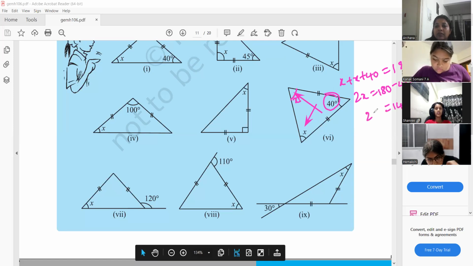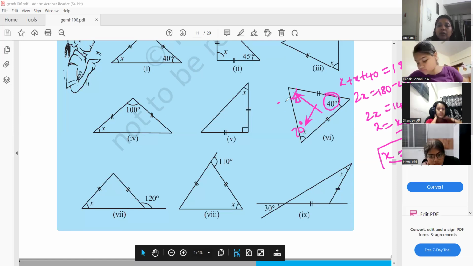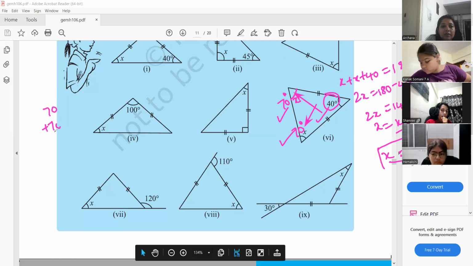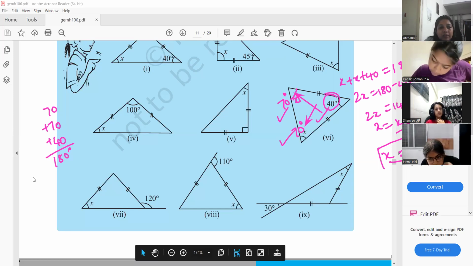So when you divide 140 by 2, we get 70. 70 degrees as the answer. So one of the angles will be 70 and the other will also be 70. Now to cross verify our answer, we will add these angles again and see. The sum of these three angles is how much? 180. That means it is correct.